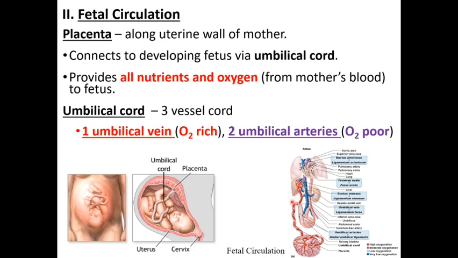So the one umbilical vein is O2 rich. The deoxygenated blood, mostly O2 poor blood, will leave out the two umbilical arteries, go back to the placenta for gas exchange. So one O2-rich umbilical vein, two O2-poor umbilical arteries going away from the baby's heart to the placenta for gas exchange.